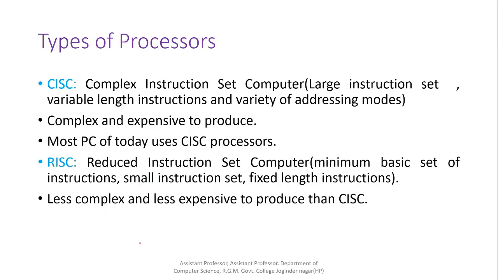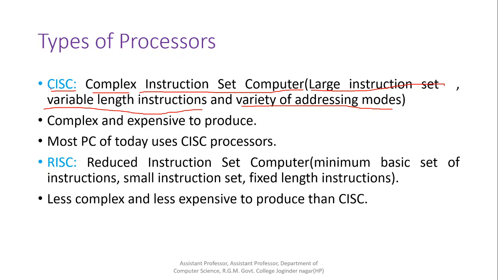So next I will discuss the different types of processors. Firstly, we have the CISC processor. The full form of CISC is complex instruction set computer. It has a large instruction set, variable-length instructions, and a variety of addressing modes.